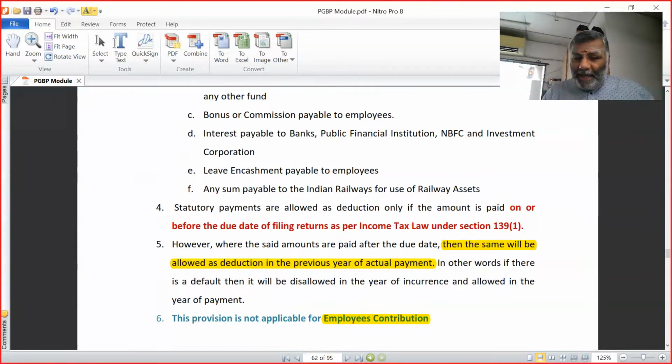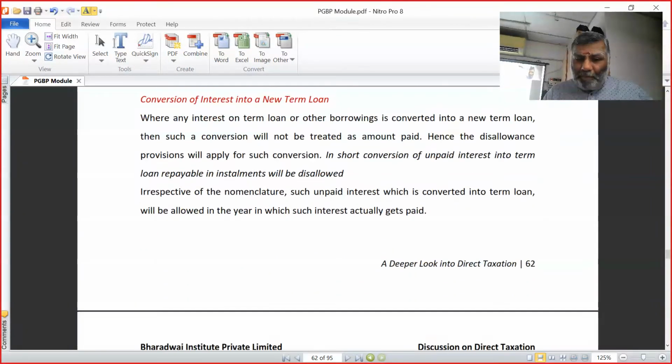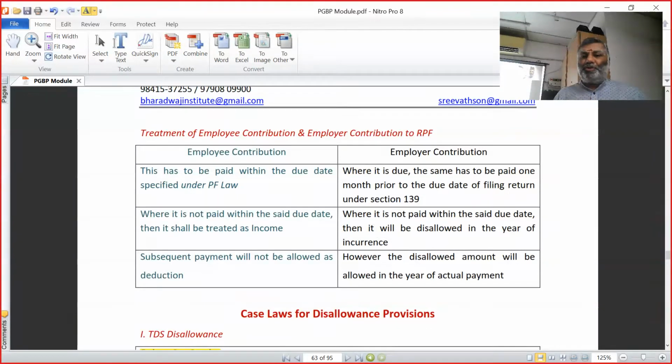That is the key difference between employees' contribution and employers' contribution. Employees' contribution: pay it according to the respective law. Where it is not paid, it will be treated as income under section 224. Subsequently, if you pay also, you cannot claim the deduction. Whereas employer contribution, if not paid within due date, will be disallowed; however, subsequent payment you can claim as deduction.